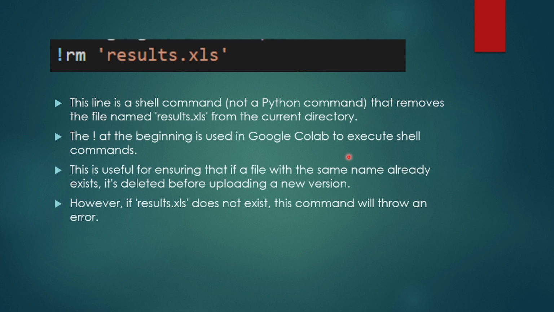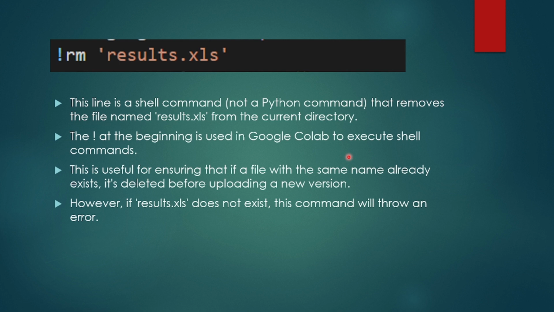The problem with this line of code is that if this previous version of results.xls does not exist, the command may throw an error. Sometimes it will not.